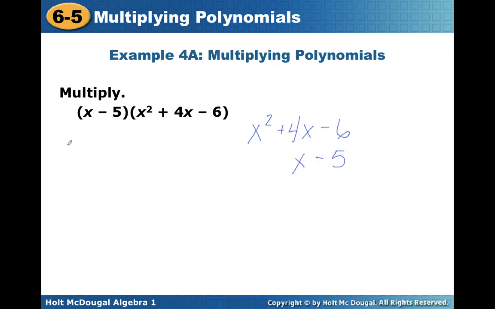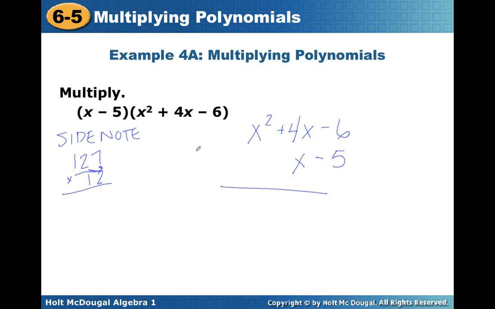Now, side note, if you can remember something like this, when you had to do long multiplication, you always started with the 2 and you multiplied it up here. We're going to do something similar to that.